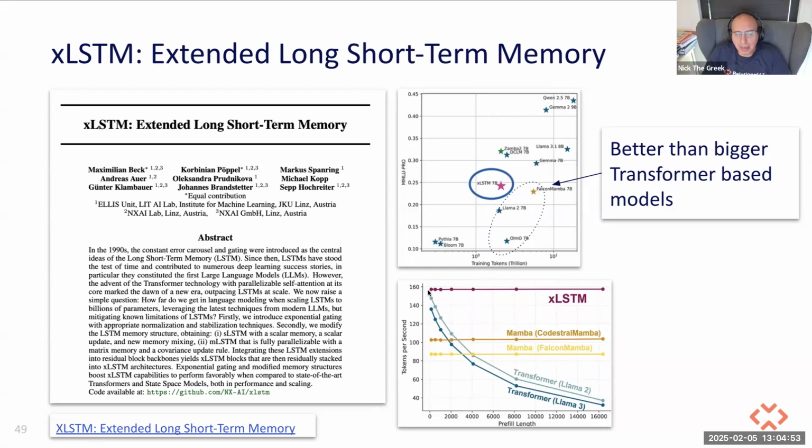What is really interesting, for those of you who don't know, is that the transformer has quadratic complexity. It really depends on how you implement the attention; it can be less than that. But the problem is that as the context, the pre-fill, increases, the token-per-second generation of the transformer goes down, so the throughput goes down.